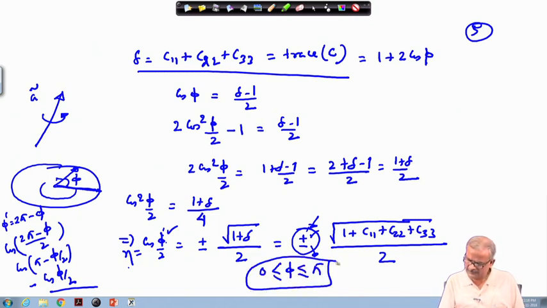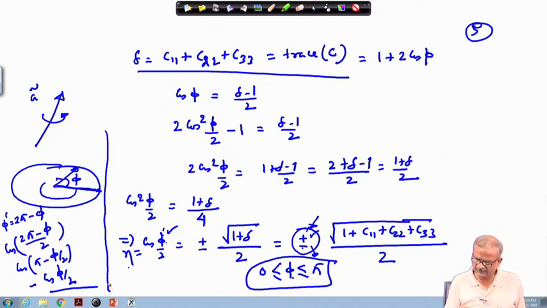If you do this, phi by 2 will be restricted to 0 to pi by 2, and then the sign ambiguity will not appear. If the minus sign is to be taken into account, it depends on the problem; you look at the problem and then work accordingly. We do not go into those details; it will be clearer through the problem.